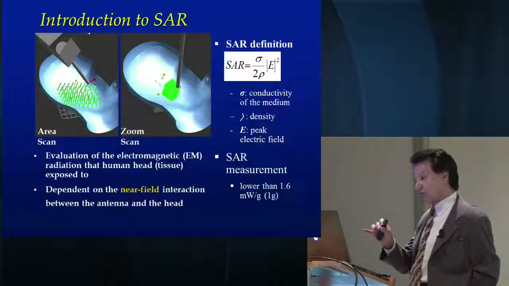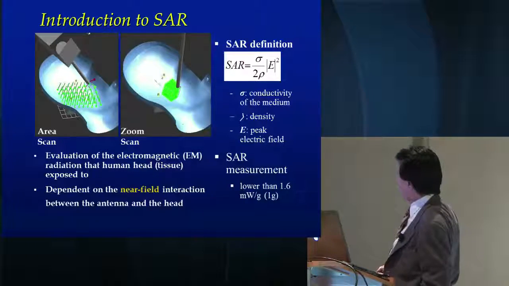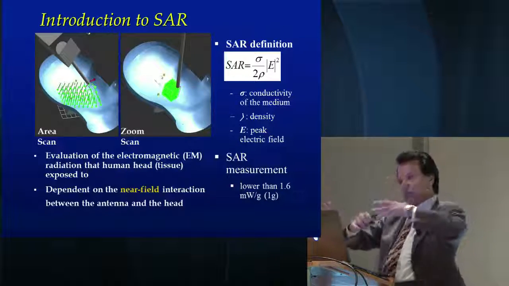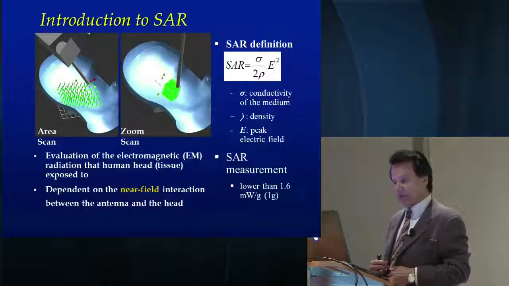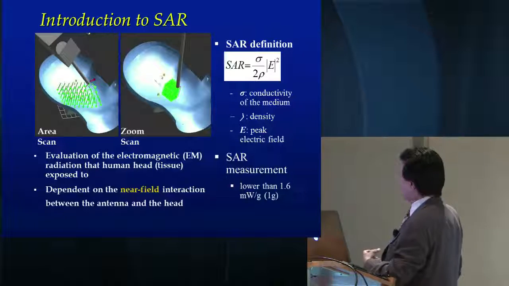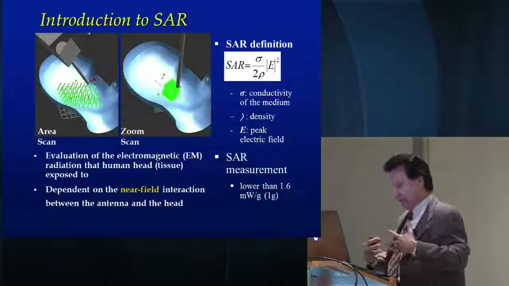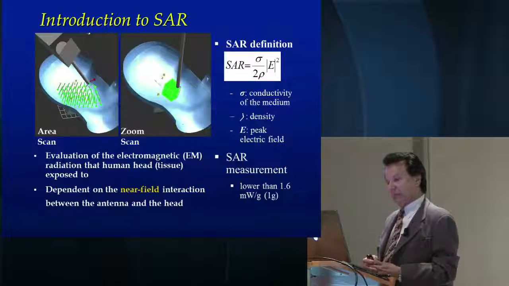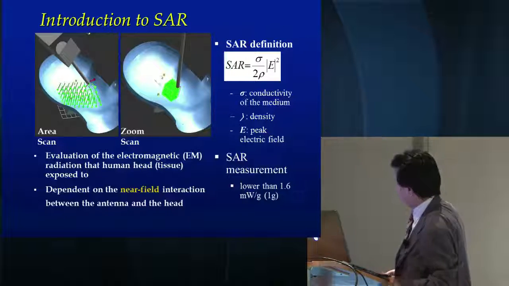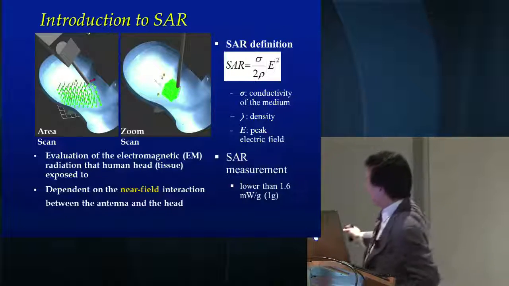Now it is mandatory that they actually use very sophisticated measurement apparatus to evaluate the radiation properties of different cell phones in human-looking mannequins, which have very similar electromagnetic characteristics, and measure to see what the specific absorption rates are. So there's a lot of research going on.